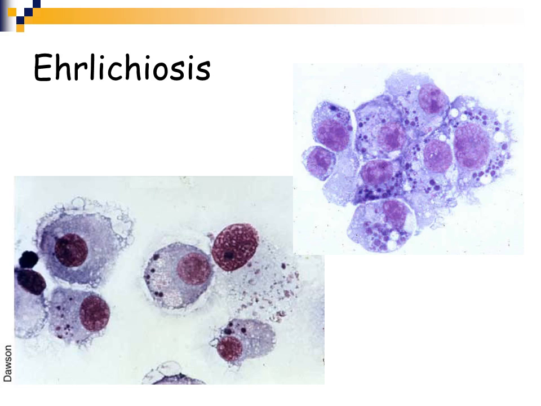So here are white blood cells, and you can see in the cytoplasm these inclusions, and these are the Ehrlichia organisms within the cytoplasm. These are very difficult to identify in the clinical laboratory because white blood cells can get inclusions.